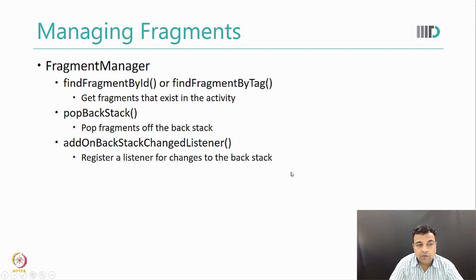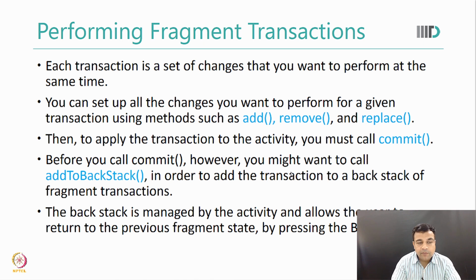Now let's move forward and learn how we perform fragment transactions. Each transaction, as you know from your database knowledge, is a set of changes that you want to perform at the same time. You can set up all the changes you want to perform for a given transaction using methods such as add, remove, and replace.